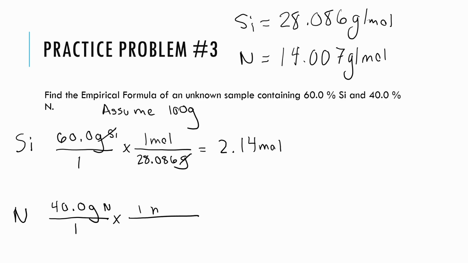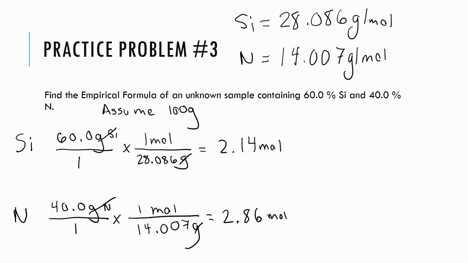We put 1 mole on top, 14.007 grams on the bottom. Our grams cancel out, and we take 40 divided by 14.007. In this case, we get 2.86 moles.